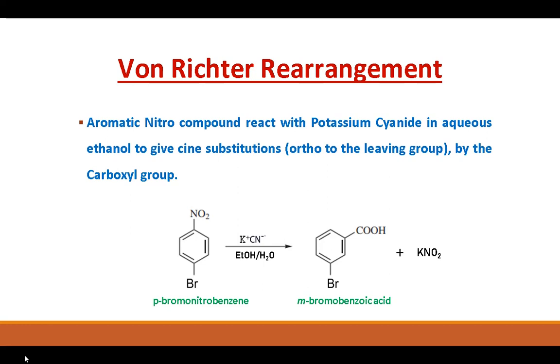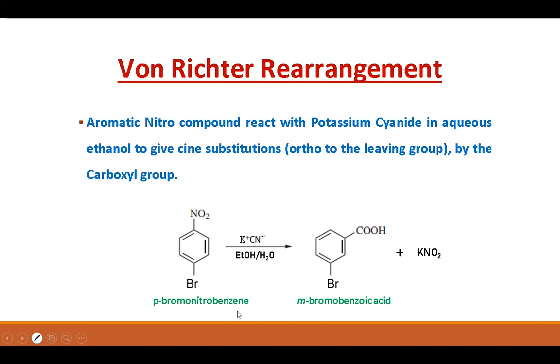It is the reaction of aromatic nitro compounds, which react with potassium cyanide in aqueous ethanol to give cine substitution by the carboxyl group. Cine substitution means a type of substitution reaction in which the entering group takes a position on an atom adjacent to the leaving group.